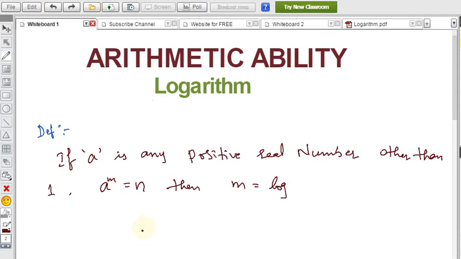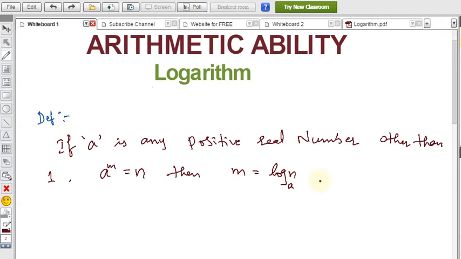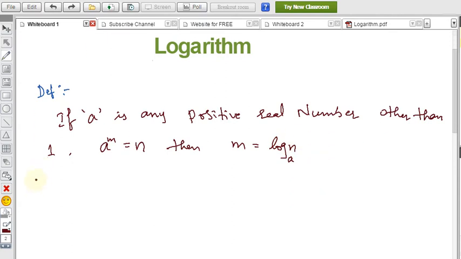Now, if a power m is equal to n, then m is equal to log n to the base a. Let me explain in detail. This means m is a log. For example, 10 to the power 2 is equal to 100.